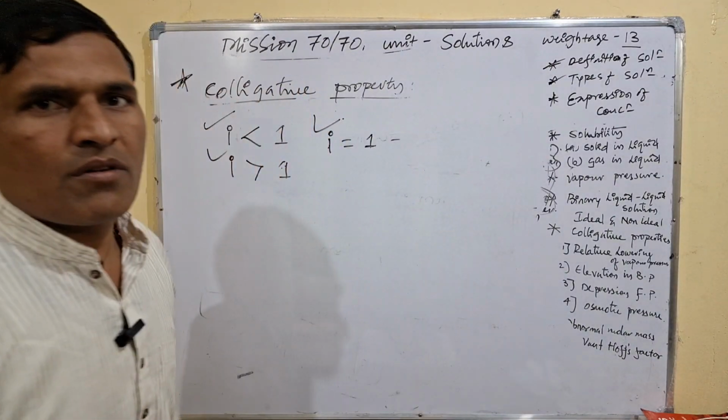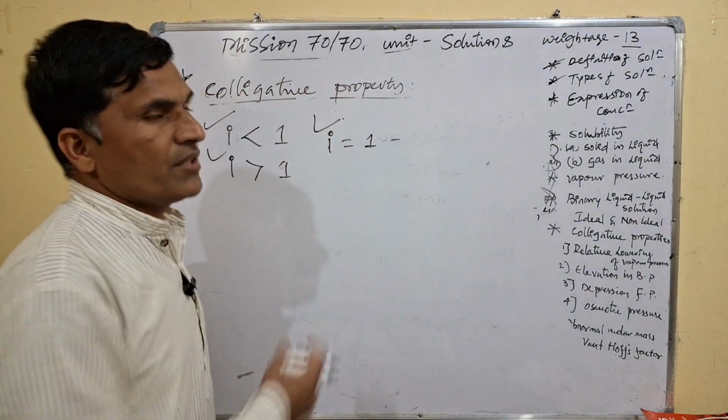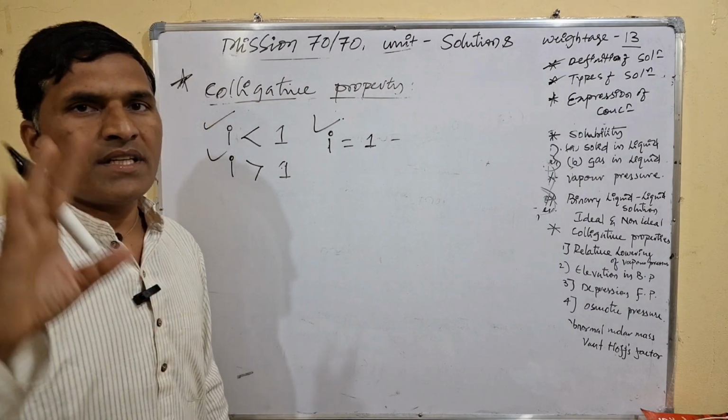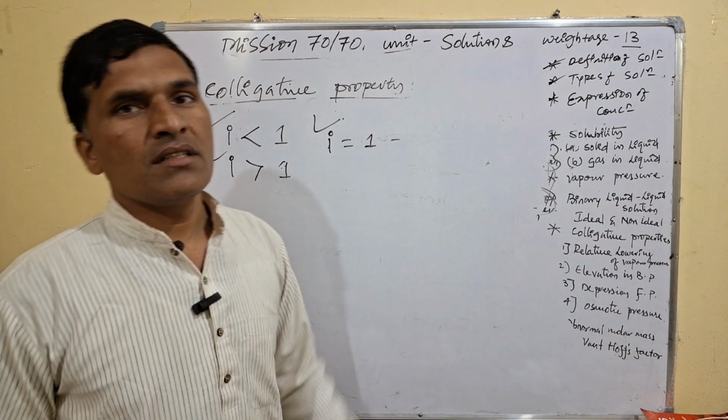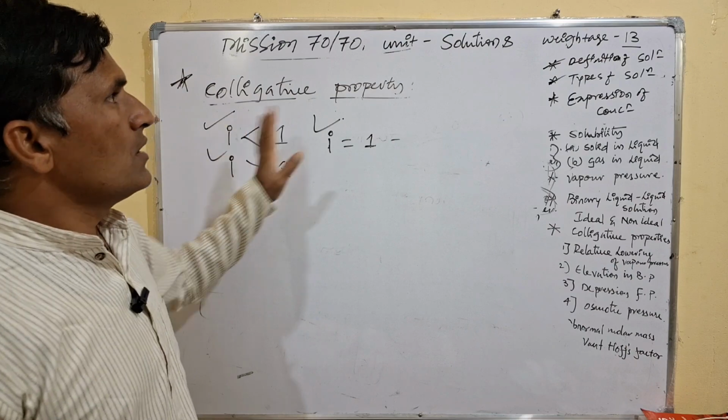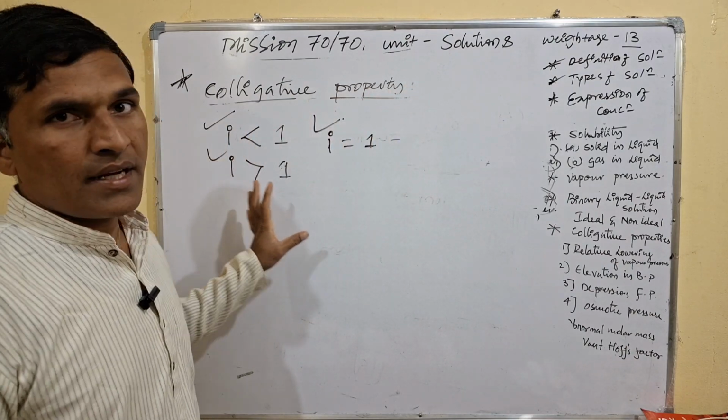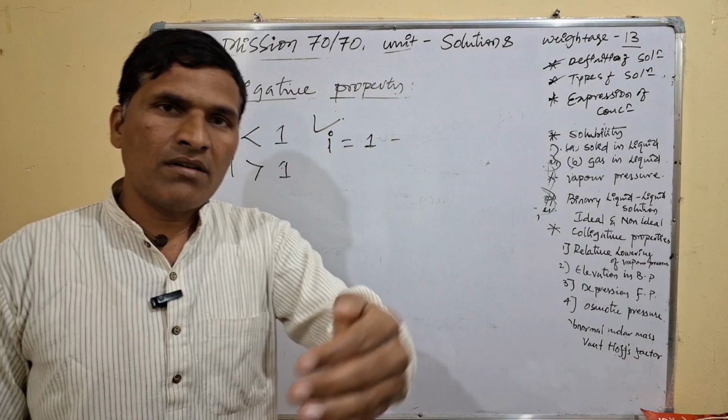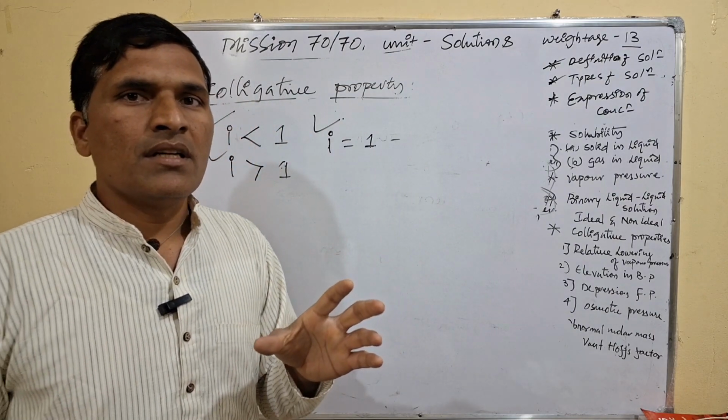This is all about the brief revision of the unit Solutions. Already I have said it has a weightage of 13 marks, and you should be careful about all these important things. I hope I have covered many aspects of this unit.